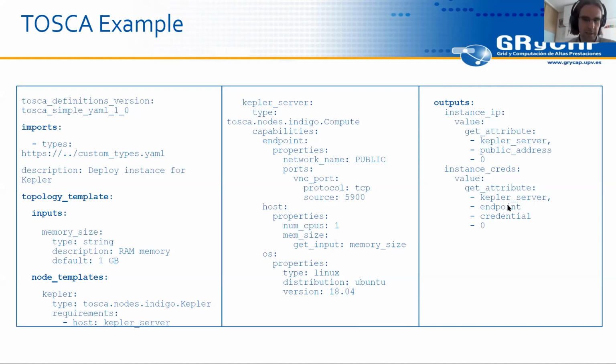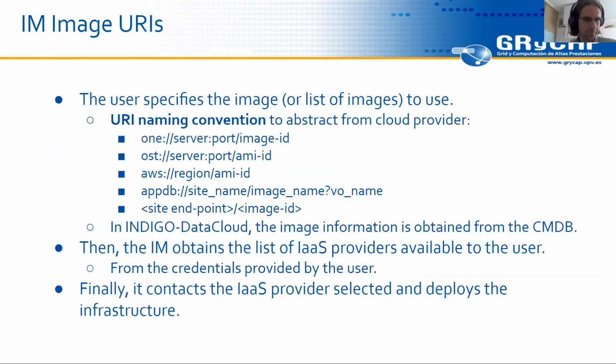So in this case, we are getting the endpoint credentials that will enable us to access the node via SSH. As you can see, in this case, the language of the standard is a bit more complicated, but you can have a lot of features on it.